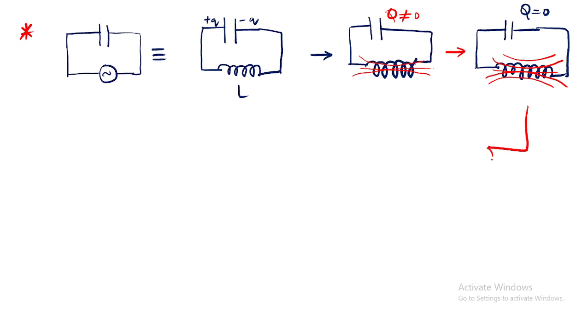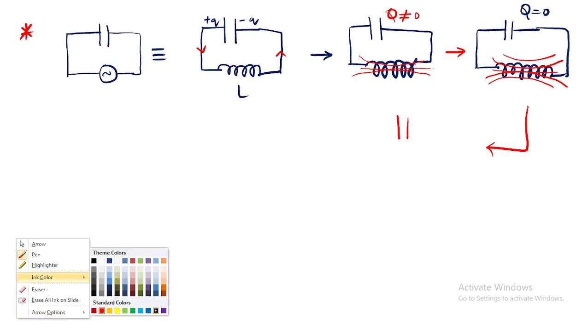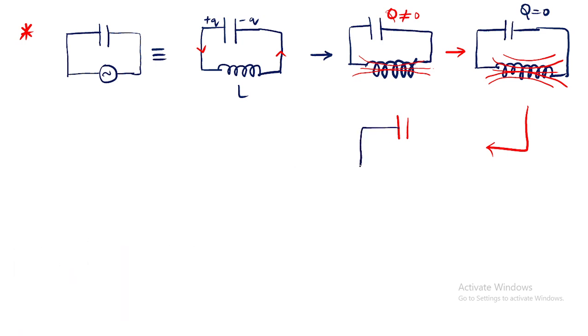Earlier the current was flowing in one manner; now in this condition the current flows in the opposite manner. Now automatically this magnetic energy will convert into electrical energy again.